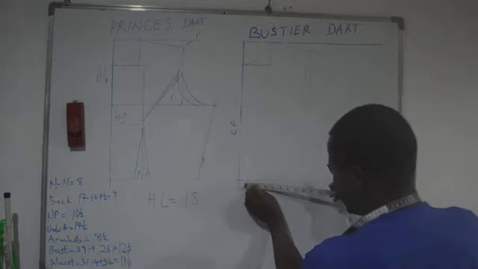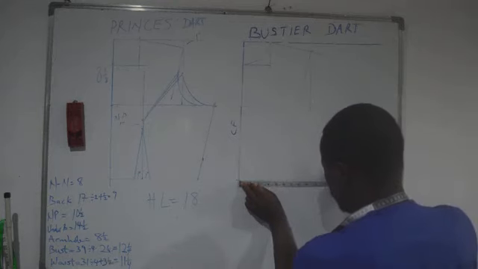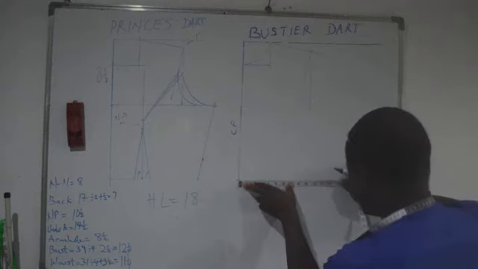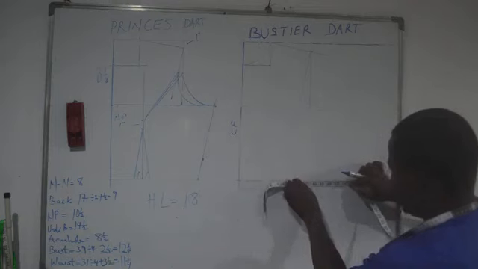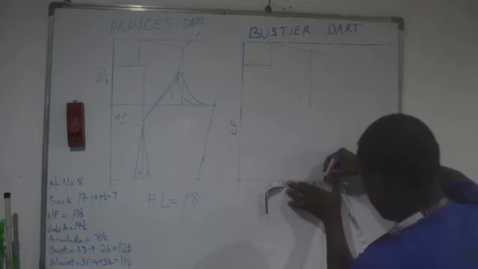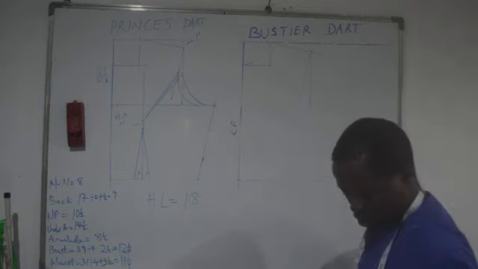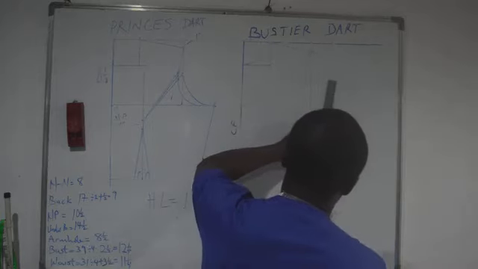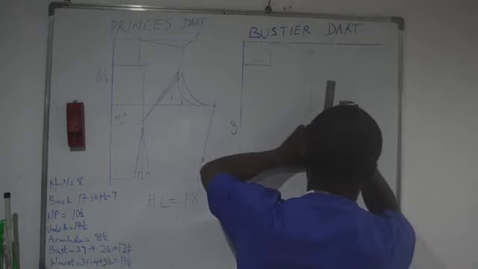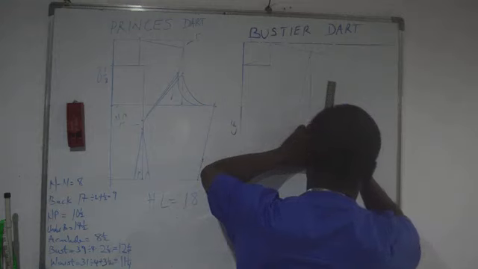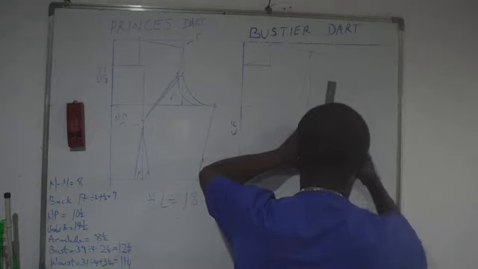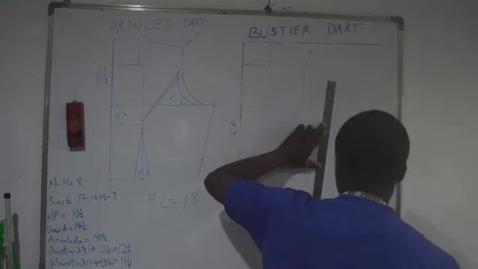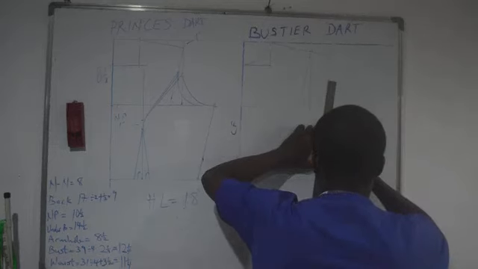The same principle applies. The waist is 31 divided by 4 plus 3.5. You get 11.25. Then use your ruler and connect the bust to the waist.